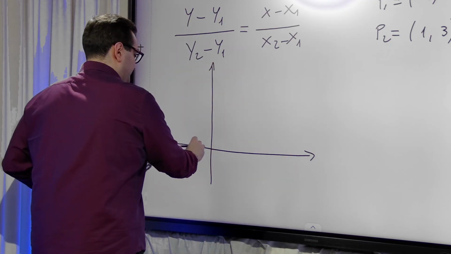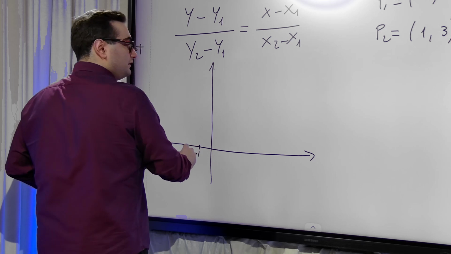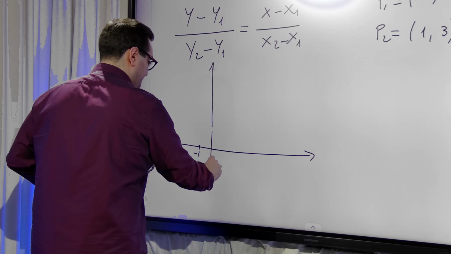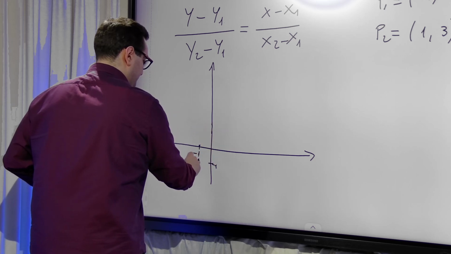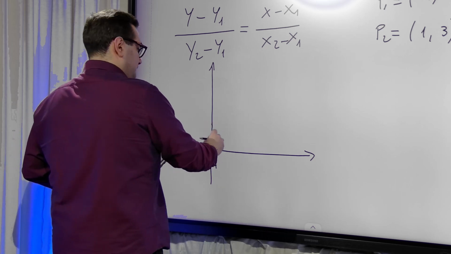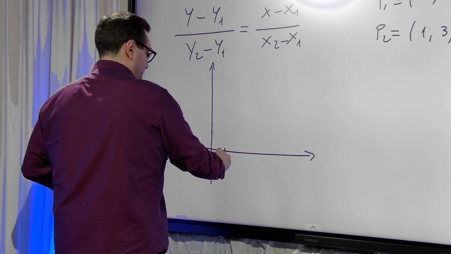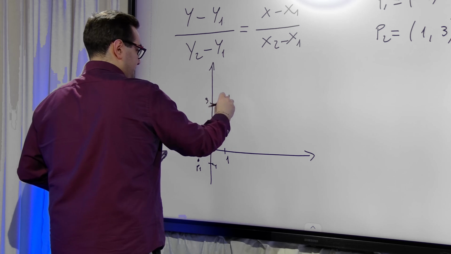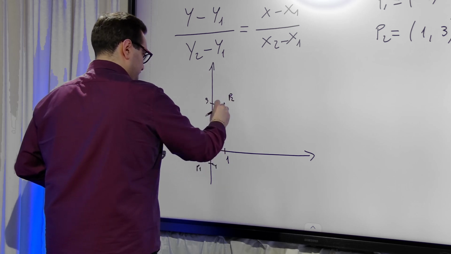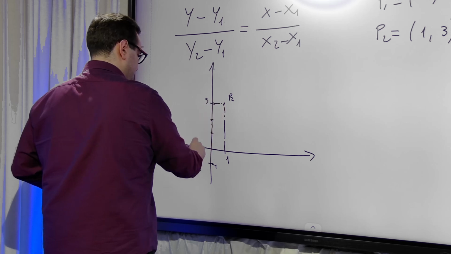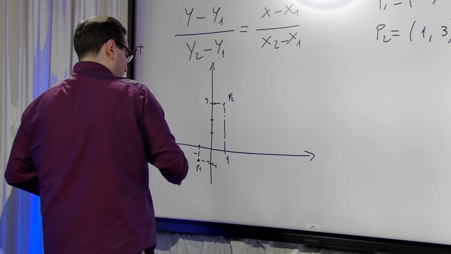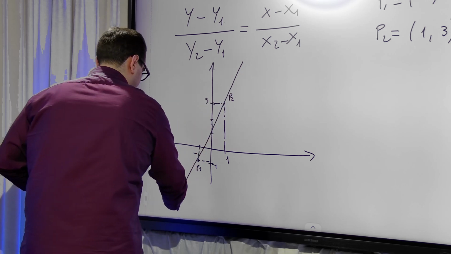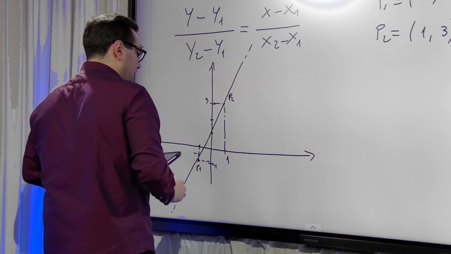So -1 is here, -1 is here. So this is P1. And this is P2. So I can draw the line passing through these 2 points.